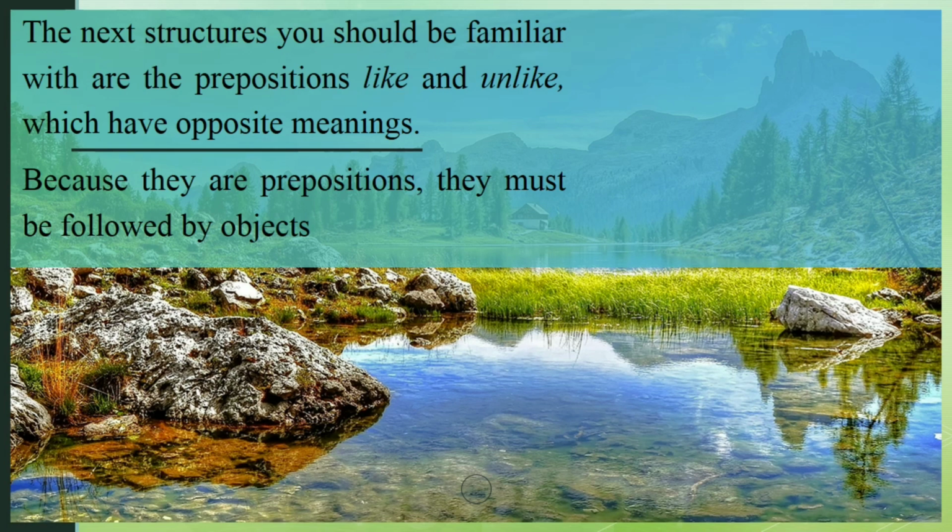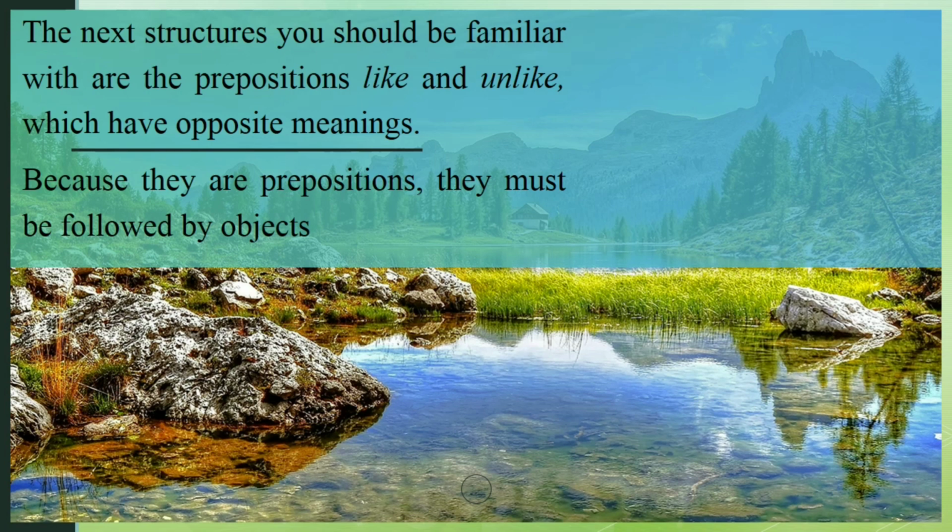Like and unlike as a preposition can be put in the middle of the sentence and also in the beginning. Jadi, like dan unlike itu bisa ditulis di tengah kalimat, bisa juga ditulis di awal kalimat.